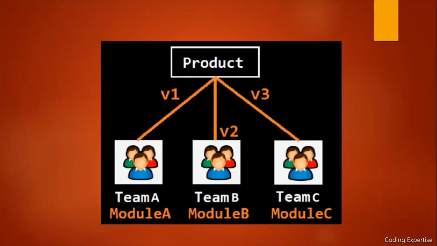Now team B can download the changes from the Git repo and work accordingly. Not only team B, team A, team B, team C, any team can download the source codes commonly from the Git repo and they can go ahead and make the changes. So this makes the collaboration easier.